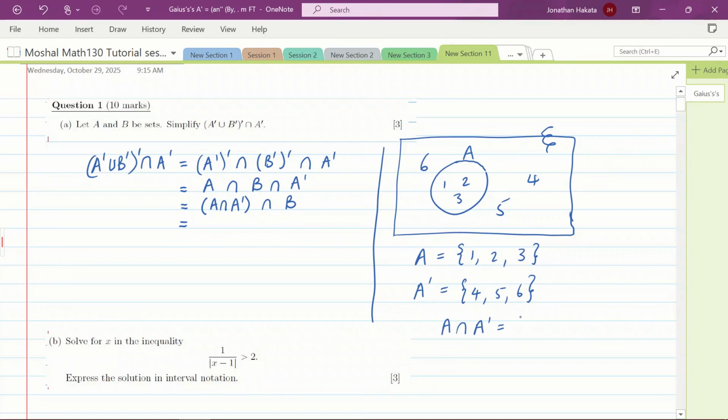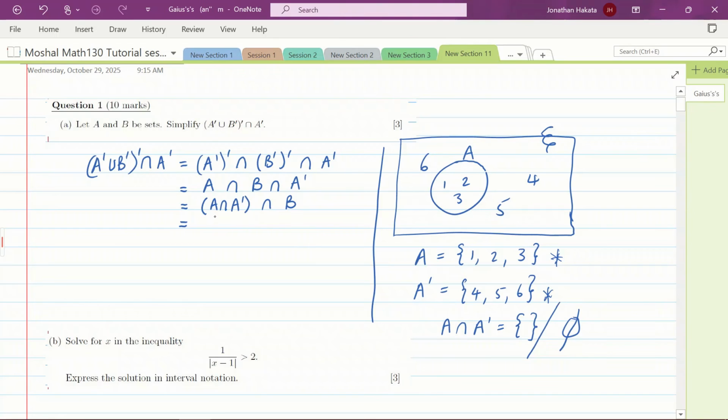We want all these things that are common in both A and A complement. So clearly, it's empty. There's nothing in the intersection. Can you see that? If you compare this and that, A intersection A complement is empty. You can write it like that or this sign. Okay, a 0 that is cancelled.